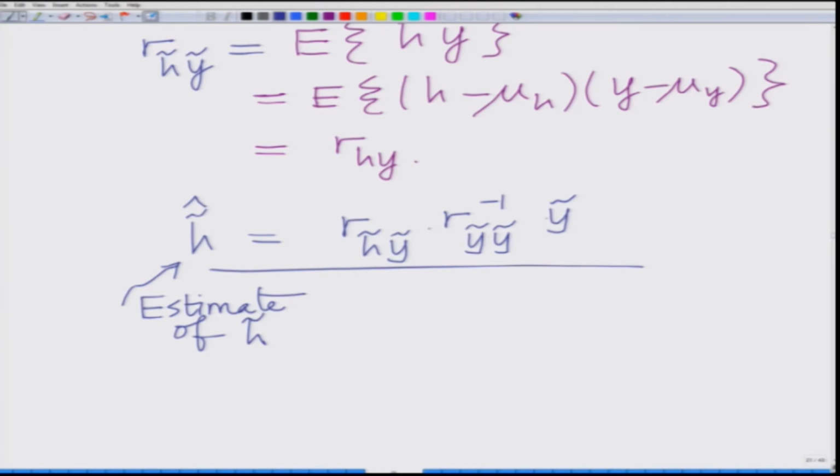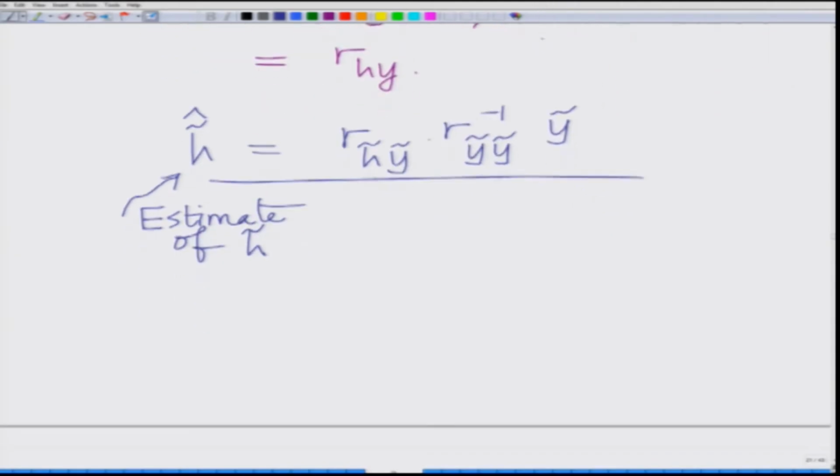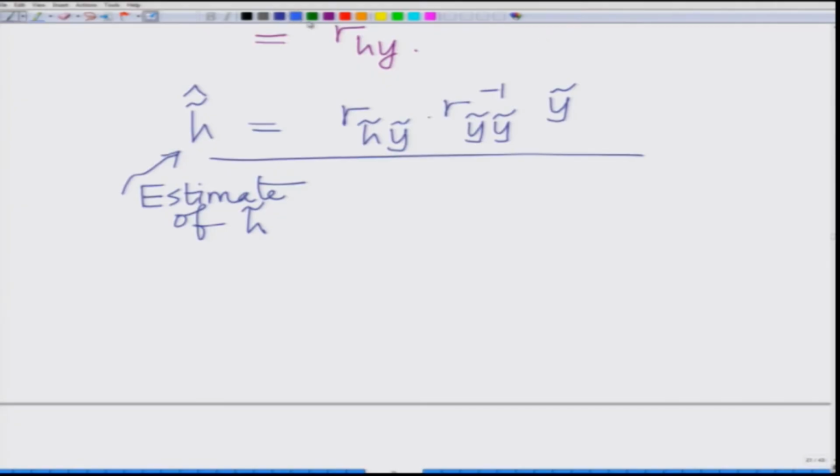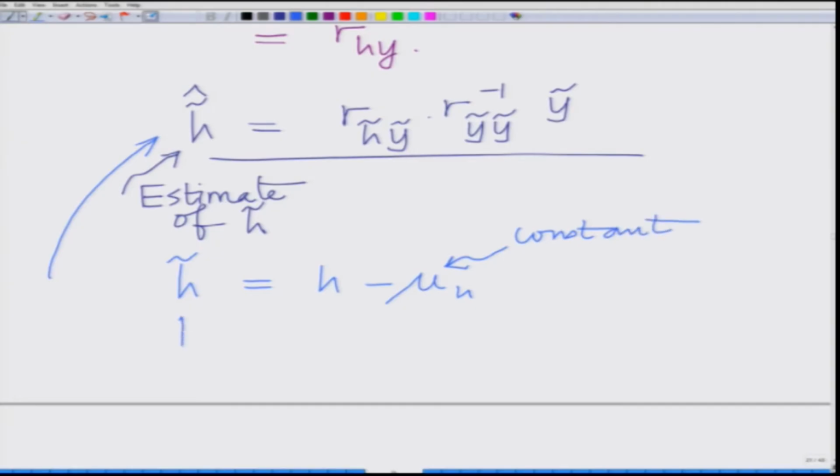Now, in the same relation I am replacing h by h tilde and y by y tilde. And now, you can see clearly that h tilde equals h minus mu h, where mu h is a constant, a mean. Therefore, the estimate h tilde hat equals simply the estimate h hat minus mu h, because mu h is simply a constant.